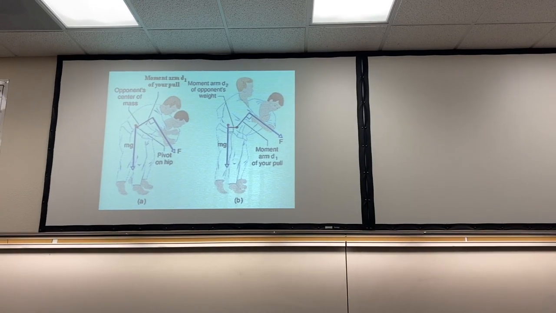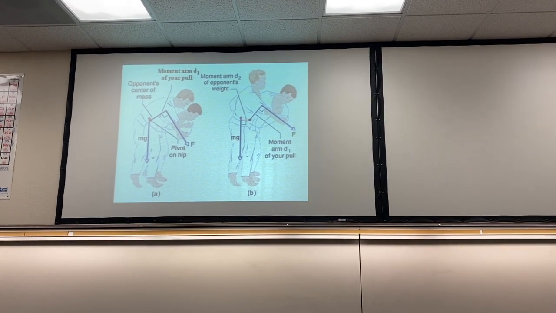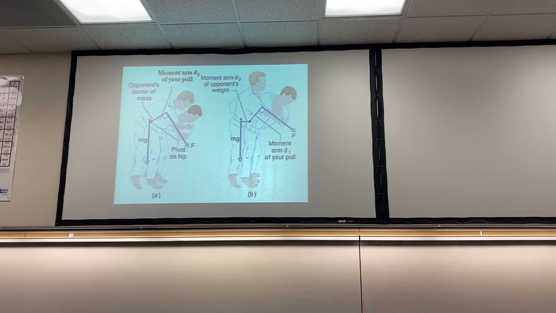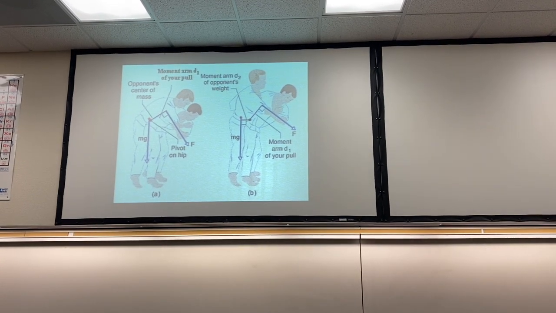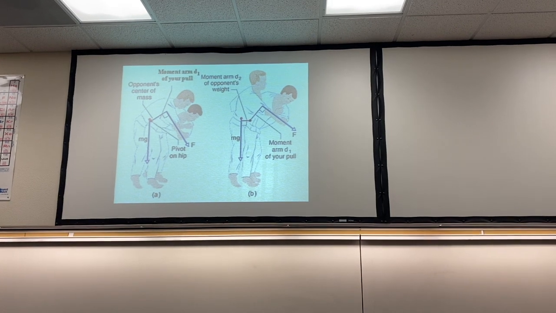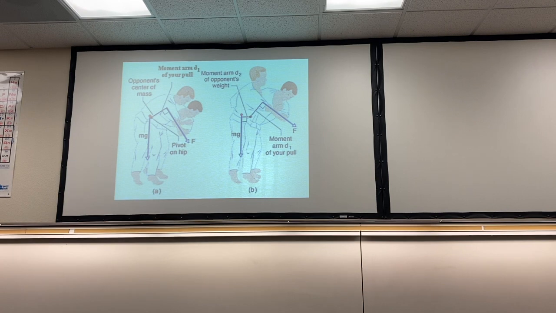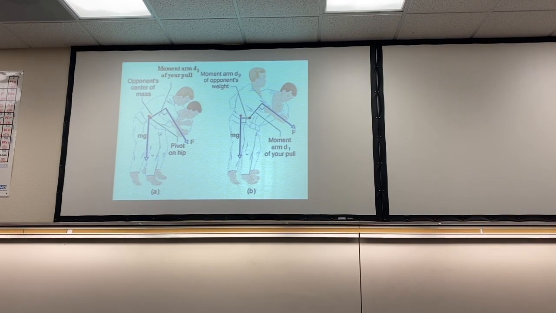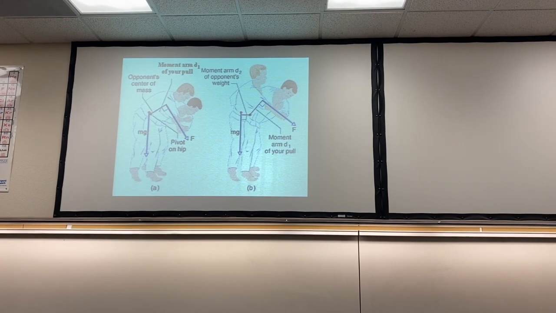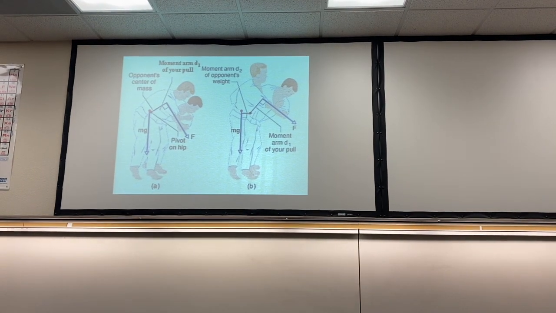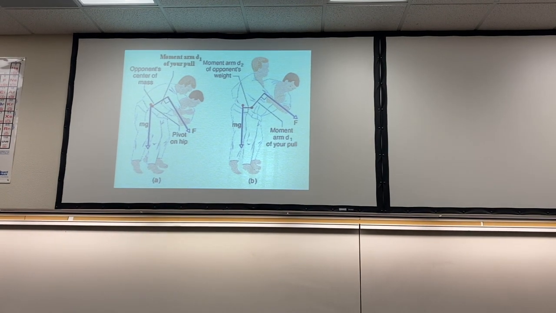Okay, so next I'd like to use the principles of torque to help understand how to use good technique flipping someone in judo. Here on the left we have an illustration of good technique. We have a flipper, the person on the right with the dark hair, and he's applying a force to the opponent, the flippee, on the left.